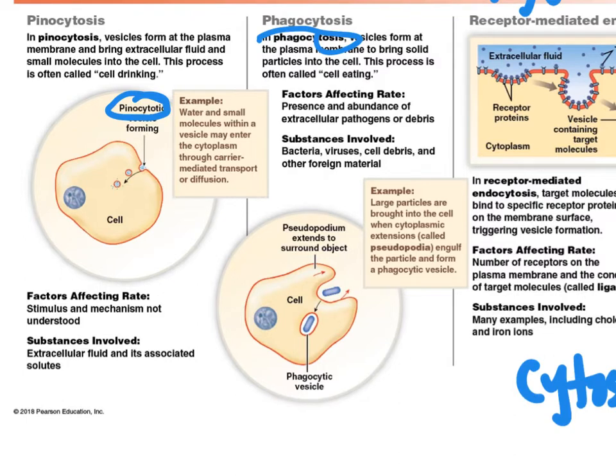Maybe it's a bacteria, maybe it's a protein that you're going to actually envelop into a vesicle and carry into the cell. So pinocytosis is drinking, just taking in fluid. Phagocytosis is taking in some kind of a substance in addition to the fluid. And often we're talking about something like a bacteria. These also come from the Greek words: pino means to drink and phago means to eat. So that's where these words come from.